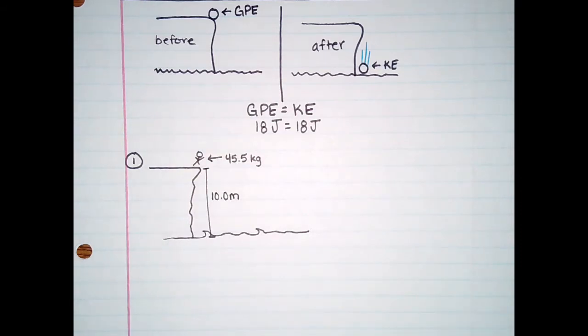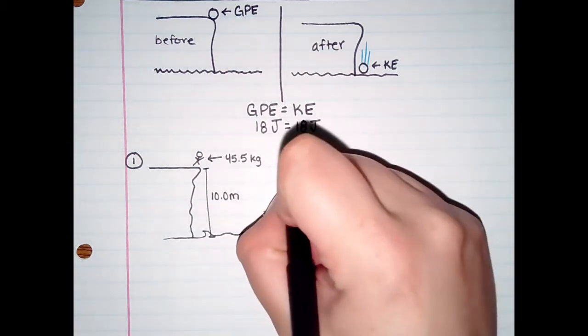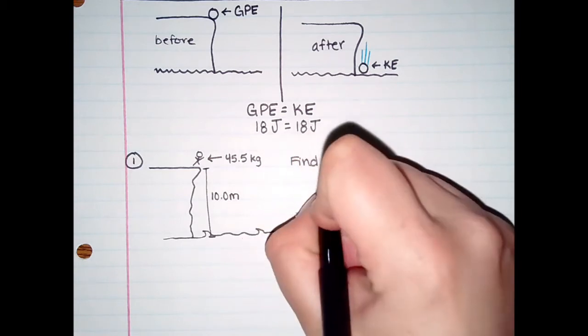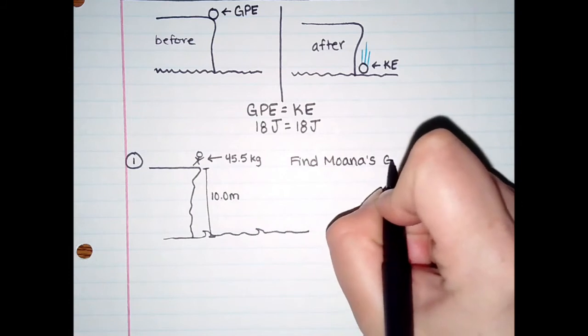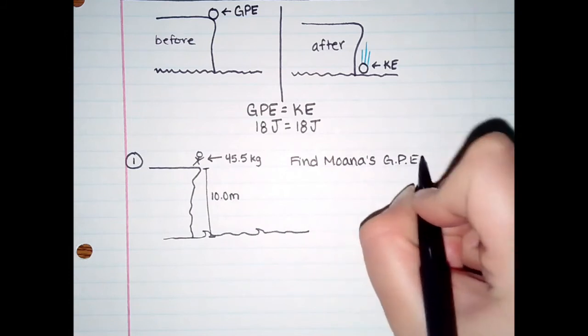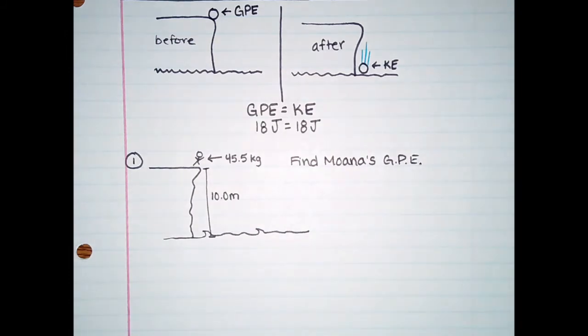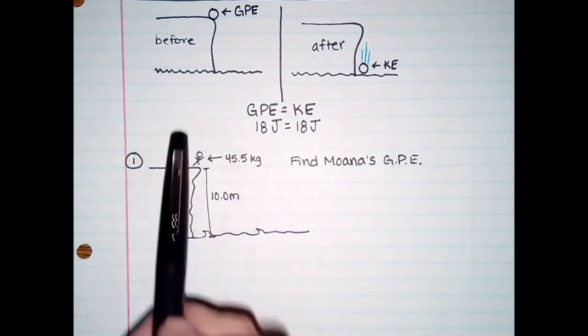And the problem we're trying to solve is, find Moana's gravitational potential energy, given all this information.